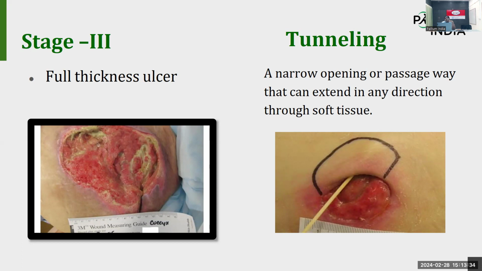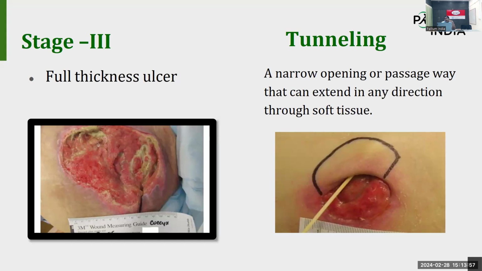Sometimes the full thickness ulcer is not visible in that area, and only tunneling is there. That is also categorized under stage 3. Tunneling is nothing but a narrow opening or passageway that can extend in any direction through soft tissue.